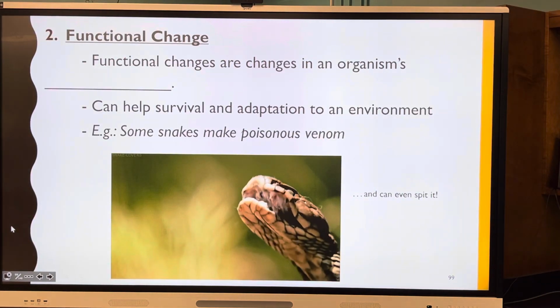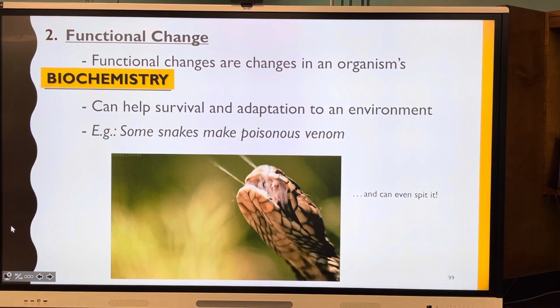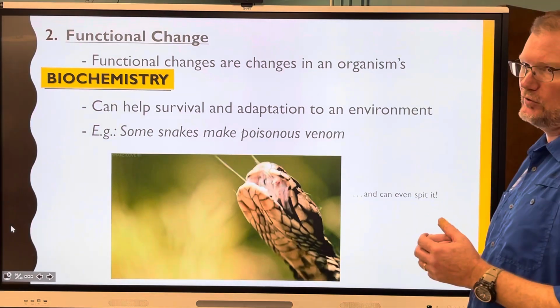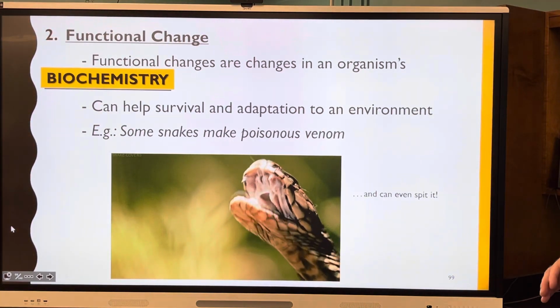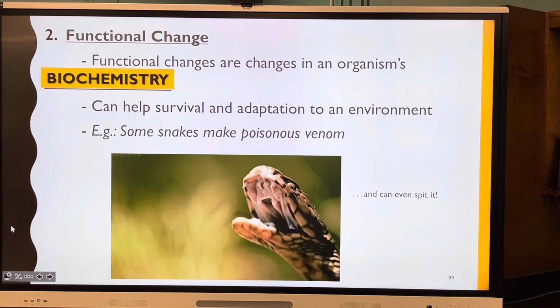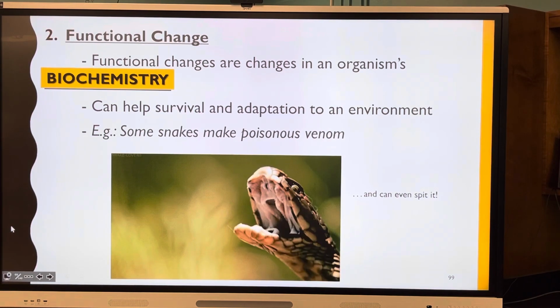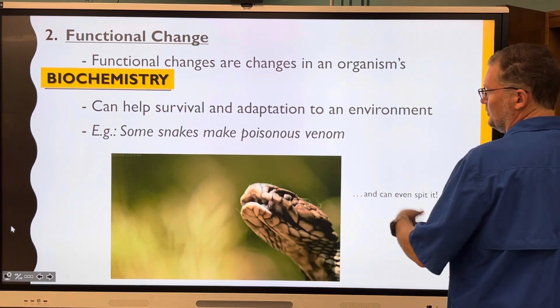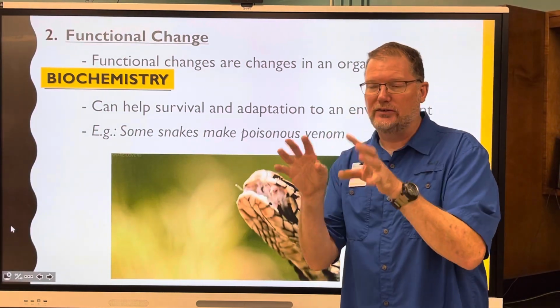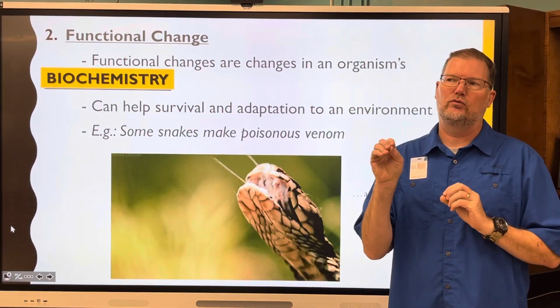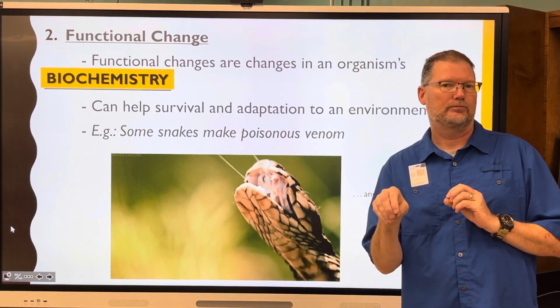The next one is functional change. Functional change is in an organism's biochemistry. So not just their form, but the chemicals that they make that aid them in survival and adaptation. So some snakes make poisonous venom and can even spit it. They wouldn't use the spit for predation.